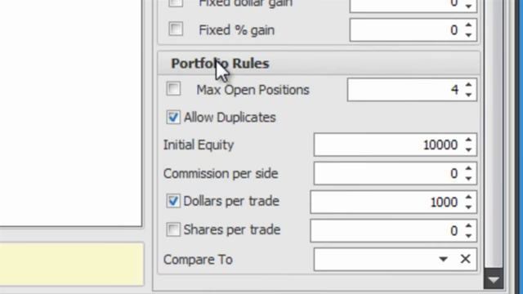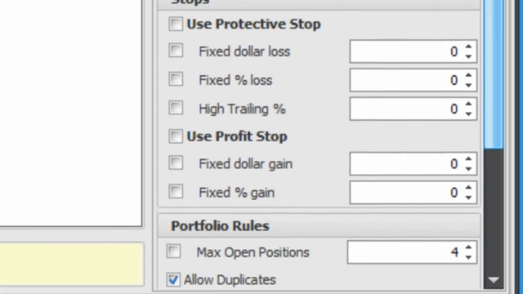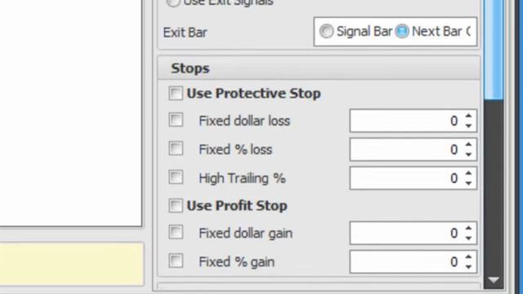And you can also do things like allow duplicates, so you can say that if a trade becomes available, you only want to take it if it doesn't already exist in your set of open trades.